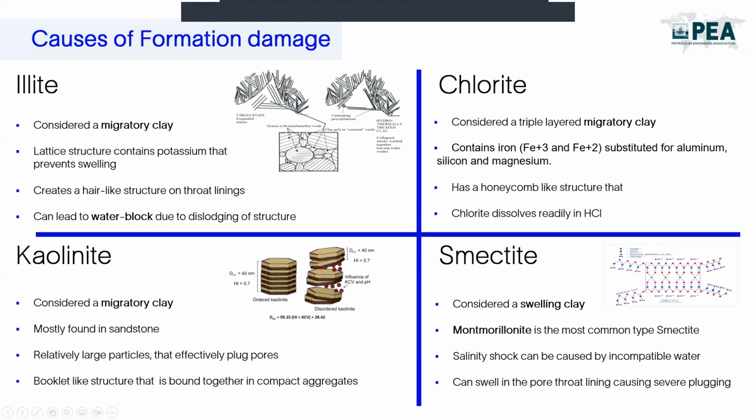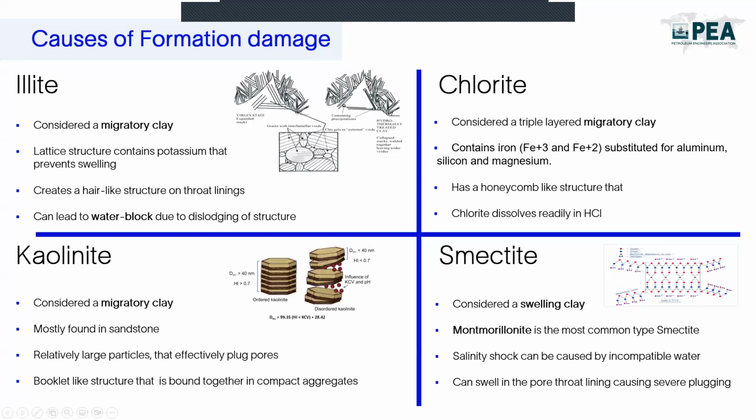As you can see here on the upper left part of this slide, illite has a lattice structure. This includes potassium ions that are situated between the silicate sheets.